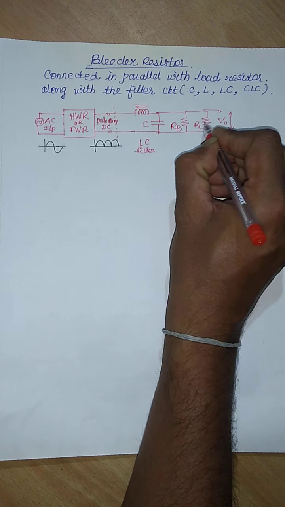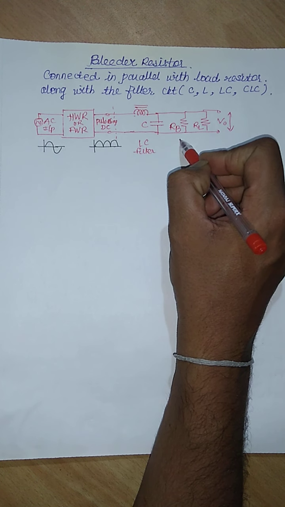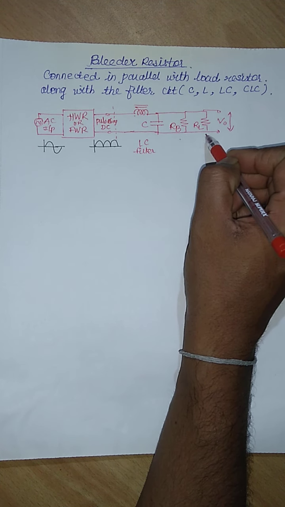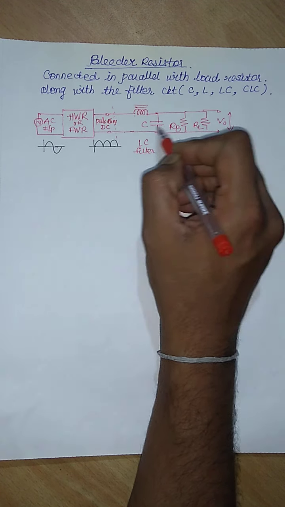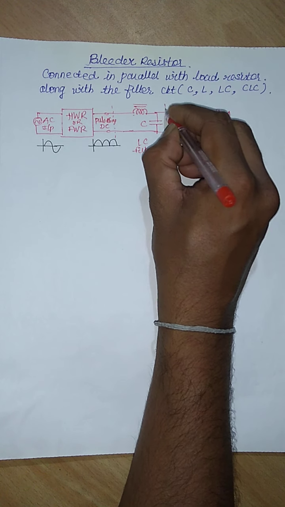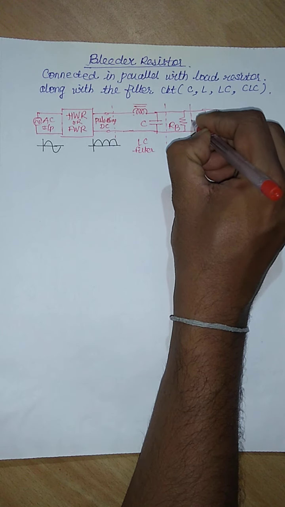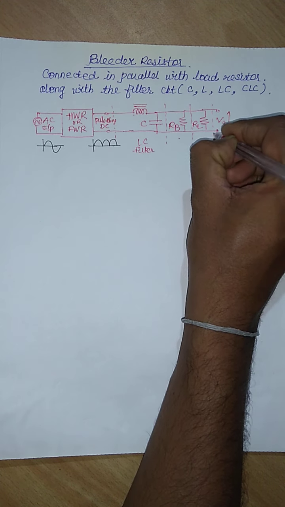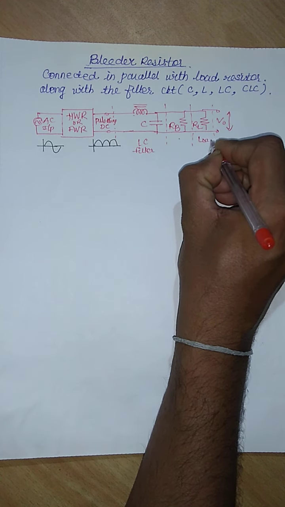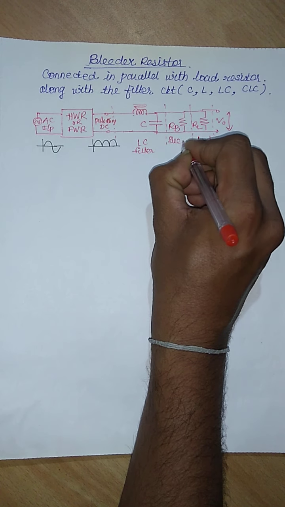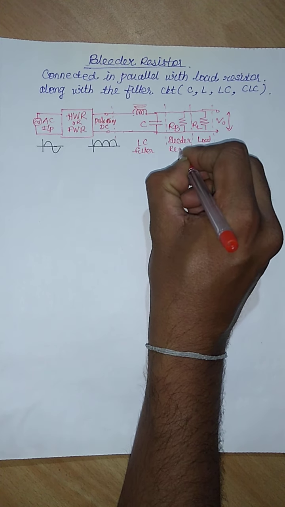This is RL. So this bleeder resistor is connected in parallel with the load resistor along with the filter. So this is a filter circuit, this is a bleeder resistor and this is a load.